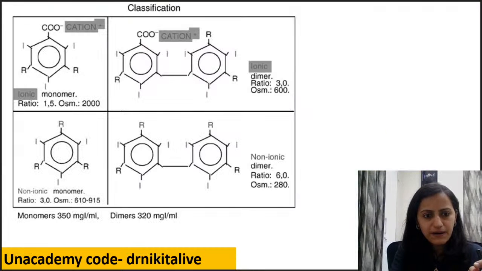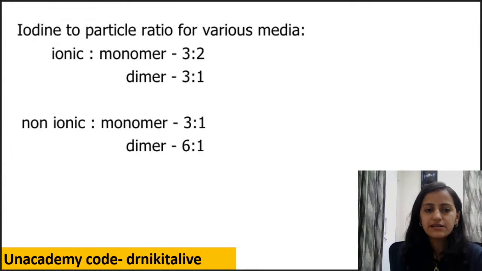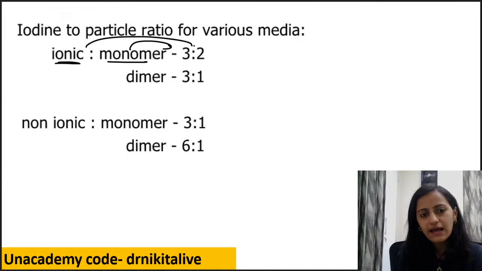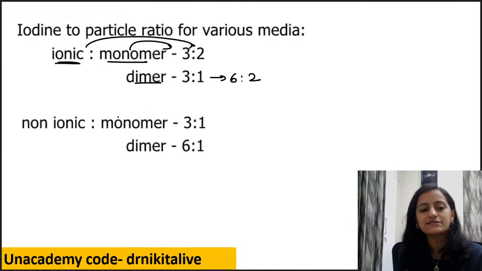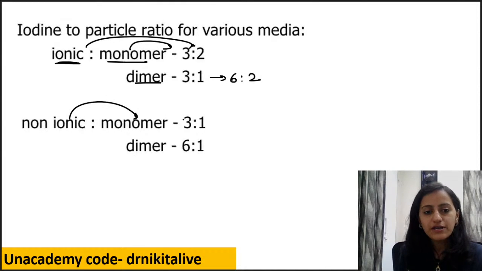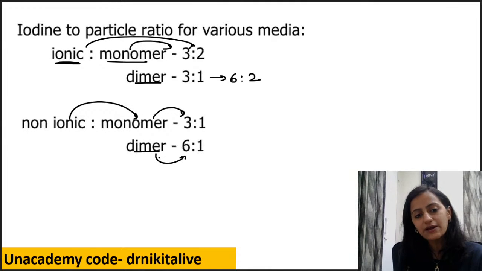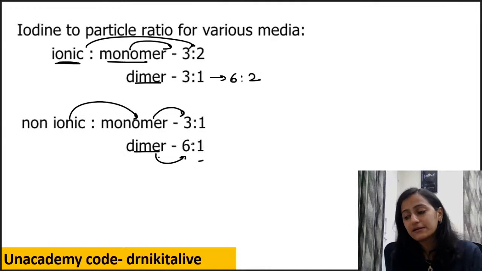Okay, let's have a look at the table here. The iodine particle ratio, is it mentioned? Right, this is what it is. Ionic monomer, 3 and 2. Ionic dimer, 6 iodine, 2 particles, 6:2, that is 3:1. Non-ionic monomer, 3 iodine, 1 particle. Non-ionic dimer, 6 iodine, 1 particle, that is 6:1.